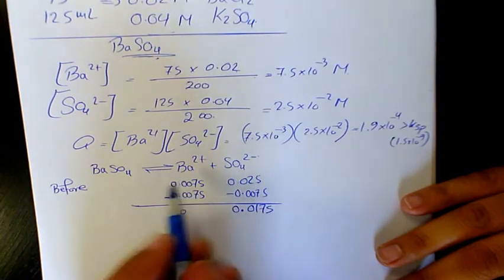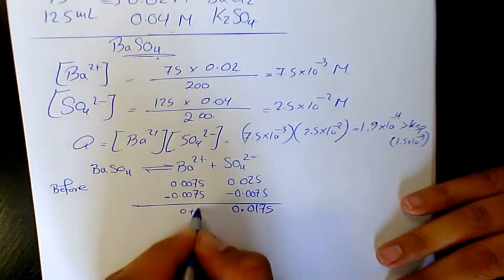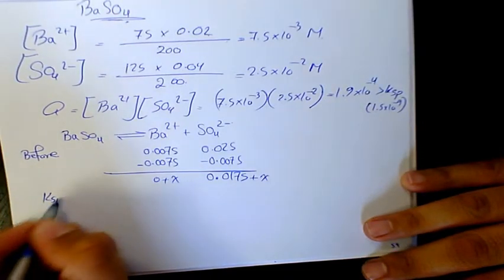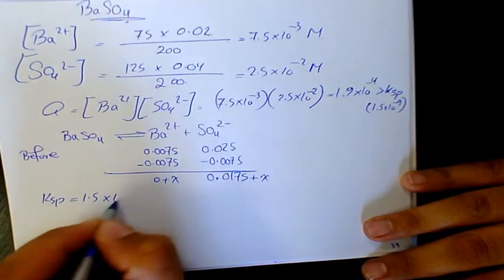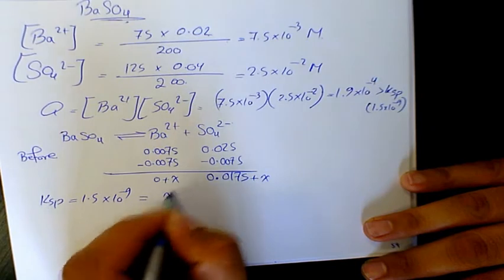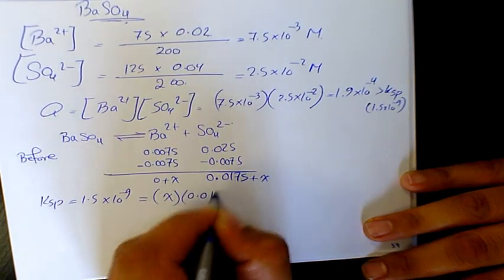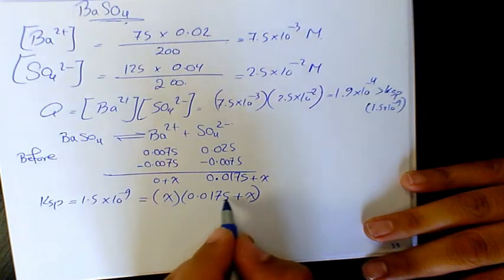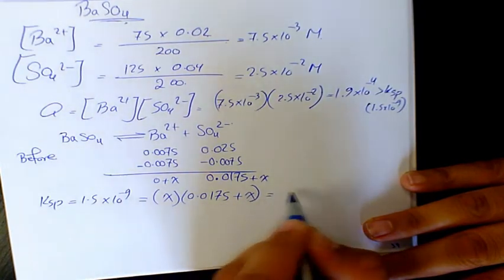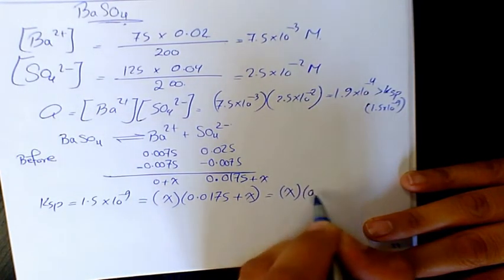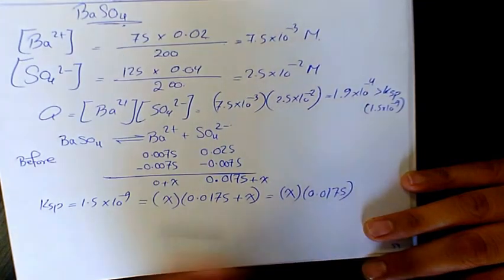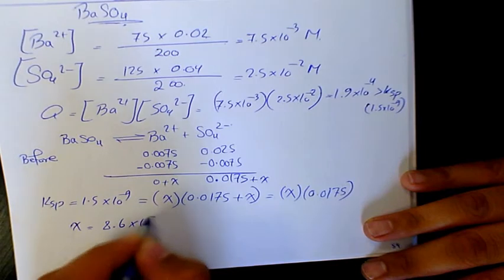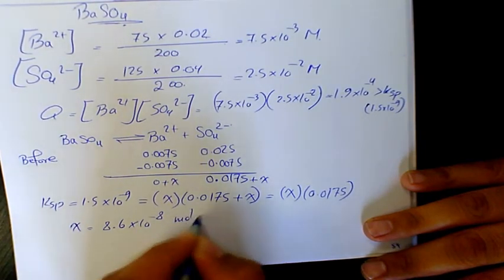And then when it reaches equilibrium, it's going to have plus x and plus x. So Ksp, which is 1.5 times 10 to the power of negative 9, equals x times 0.0175 plus x. Then we neglect this x in comparison to this. x will be 8.6 times 10 to the power of negative 8 mole per liter.